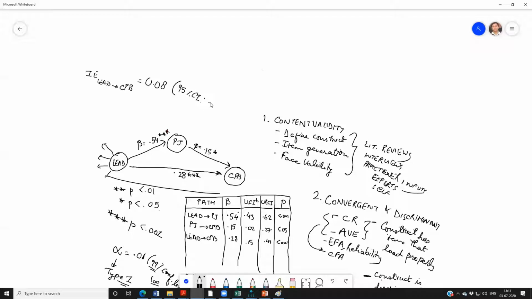So it is 0.01 to 0.15. Since 0 is not in this interval, we can say that it is significant mediation via PJ.